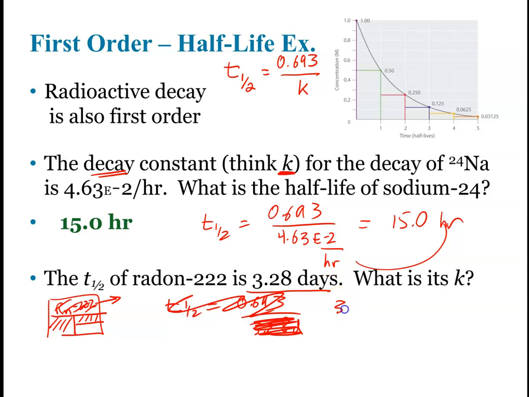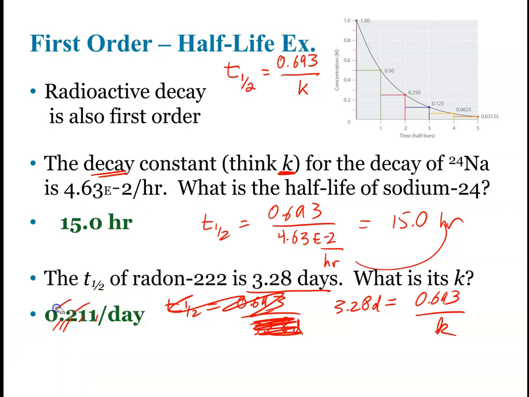The t1/2 is 3.28 days, and that's 0.693 over k. So you would solve for k. Sorry about that mistake, but here we go. It would be just simply rearranging that equation and solving for k. So the rate constant, or the decay constant in this case, would be 0.211 per day.